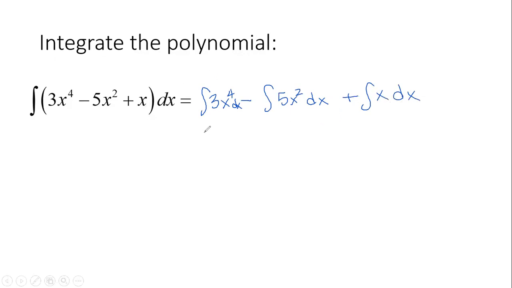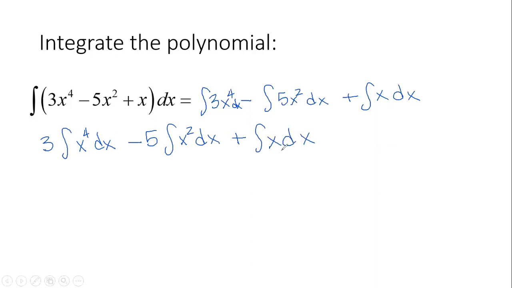Okay, so let's pull out some constants. We're now going to have 3 times the integral of x to the 4th dx minus 5 times the integral of x squared dx plus the integral of x dx. From here, we're going to start taking our integrals.